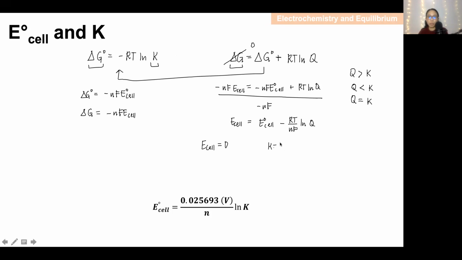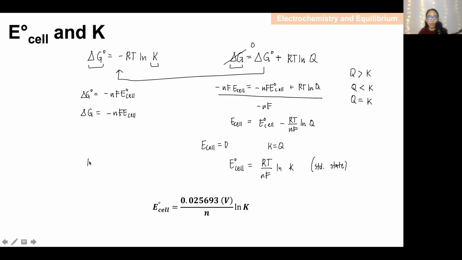Your Q is equal to K. So this equation is now reduced to E naught cell equals RT over nF ln K. So this is at standard state, and your reaction is at equilibrium.